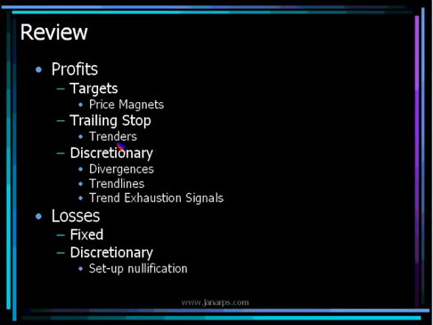And once I get an exit signal, I might move it up to the short-term trender. And then I can also identify discretionary exits as well. And I look for divergences, trend line signals, and all kinds of other things in order to identify those discretionary signals.